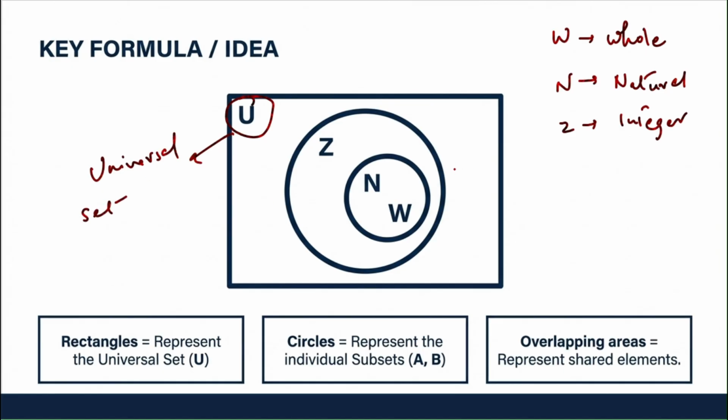The meaning of the universal set is that W, N and Z, all of these are subsets of this universal set. So this is a kind of parent set. You can consider the universal set to be real numbers. We are not going to the complex domain as of now. So let's consider the universal set as real numbers.